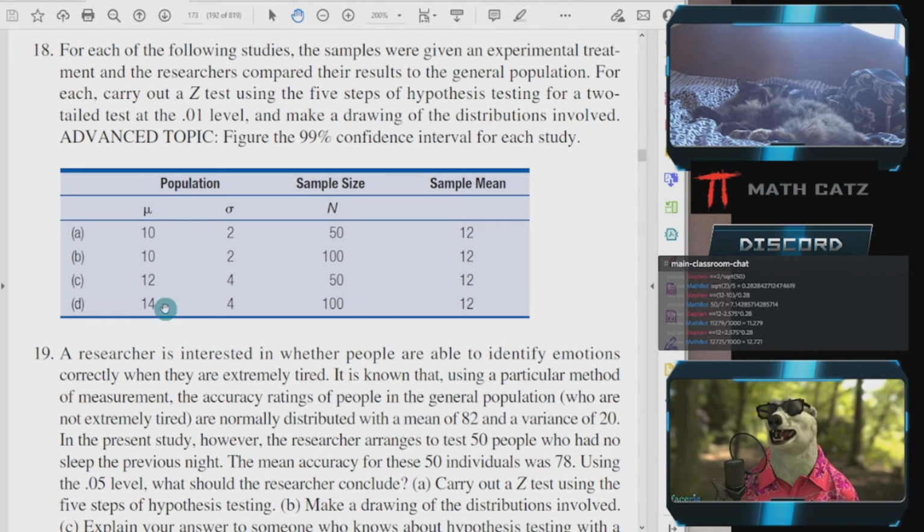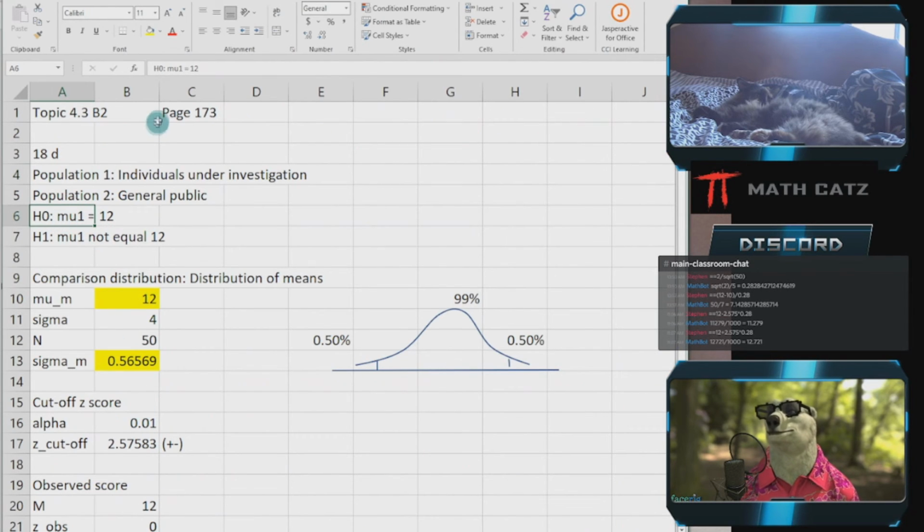In D, our population mean is 14. Standard deviation is still 4. So the population mean is 14. I'll update that. And of course, that features in our hypothesis statement. We still have population 1, population 2.